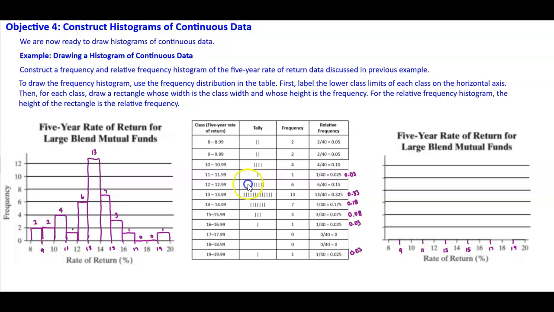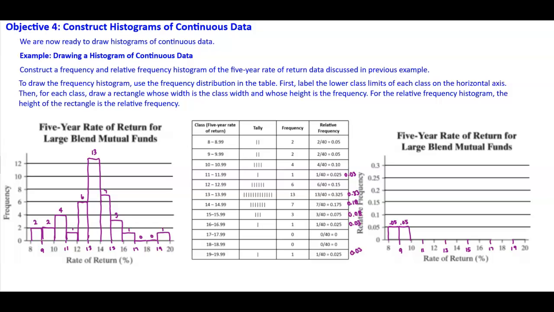Okay, so we have our rate of return here, and then over here is going to be our vertical axis, which is the relative frequency. So between 8 and 8.9, we know that we're going to go all the way up to 0.05. And then between 9 and 9.99, it's also 0.05.